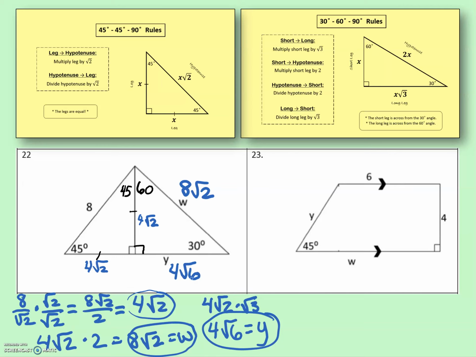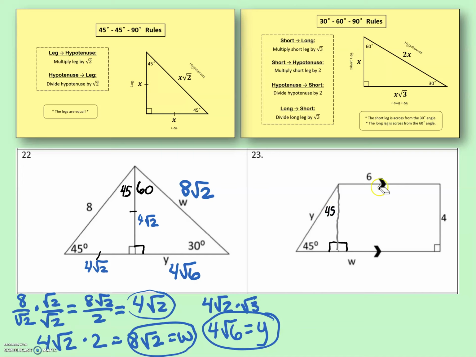All right, I like number 23. Number 23, we have a set of parallel lines. So what you might want to do here is draw in this height here, because once you do that, you create two 90-degree angles, right, which make up that line of 180. That makes this triangle into a 45, 45, 90.